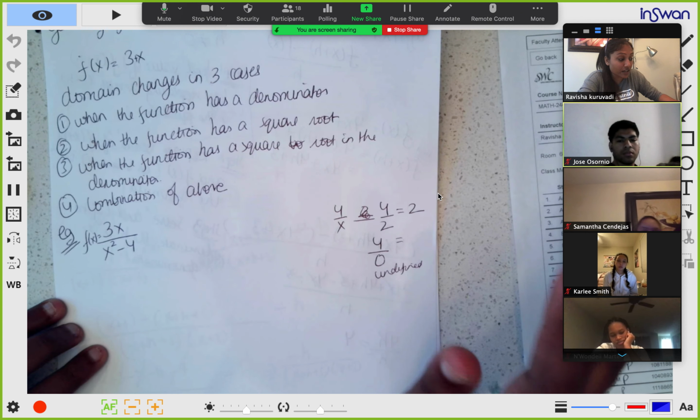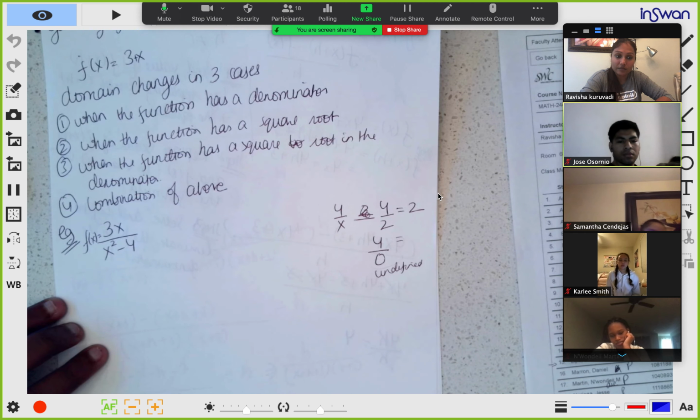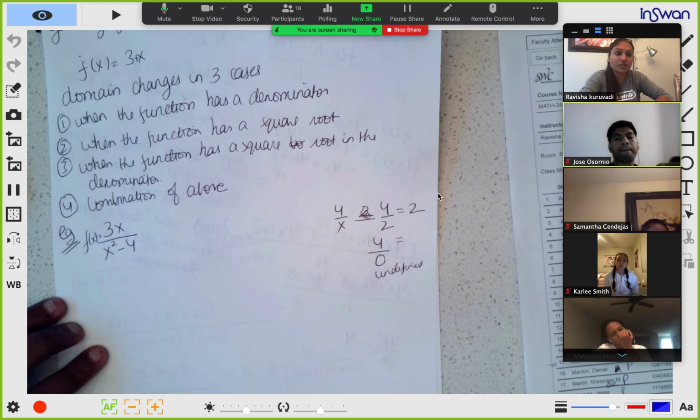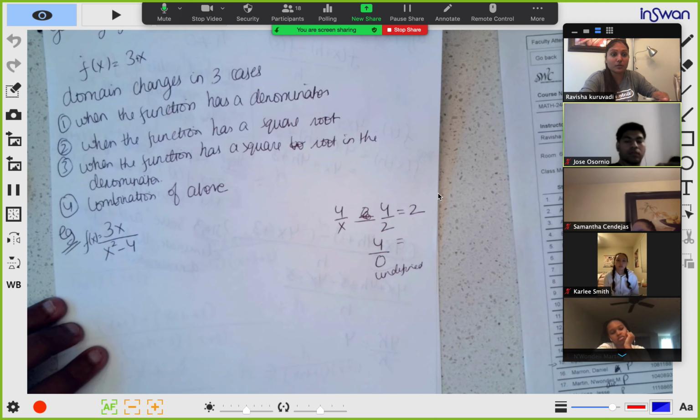My denominator can never be equal to 0, because then it will make my function undefined. So in this case also, I will take all x values from negative infinity to infinity, but I will not take x values which will make my denominator 0.